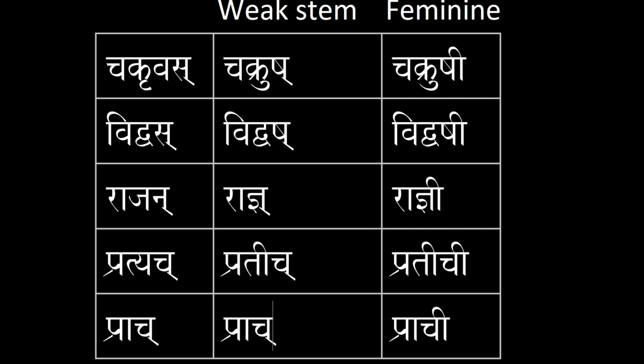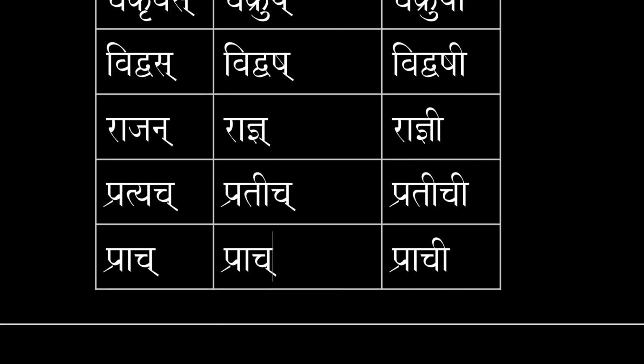Another example, pratyach, weak stem pratich, feminine pratichi, then declining that like nadi. Then our final example, we have prach. It remains as prach in the weak stem, but for the feminine, you're adding the long e, turning that into prachi, then declining that like nadi.